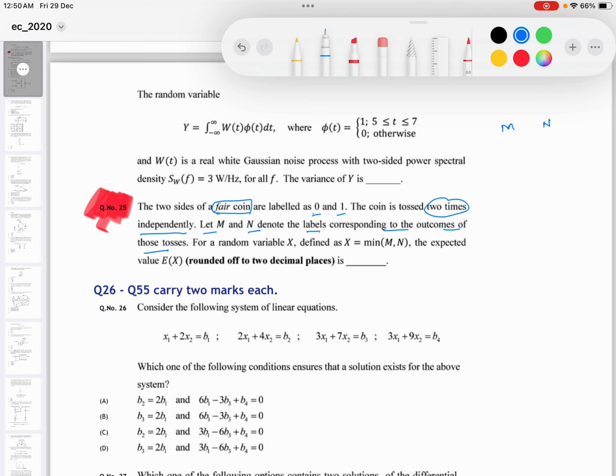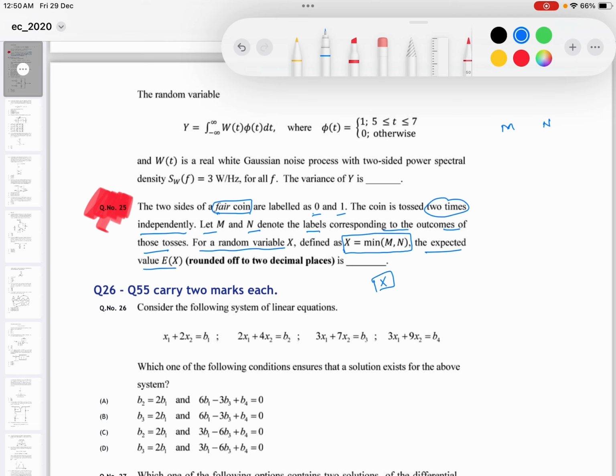For random variable x, so we have some random variable x and we have defined our random variable x like this, right? The expected value of this random variable x is, right? First of all, we say random variable, but it is not a variable, right?